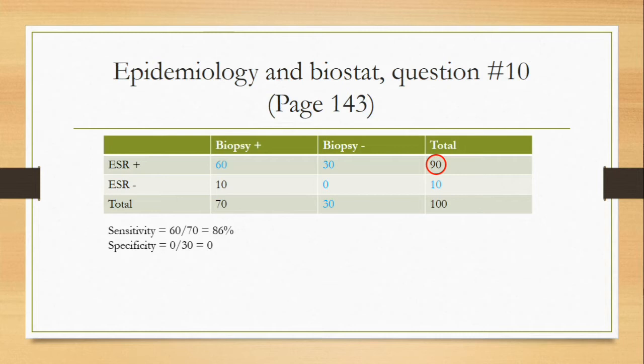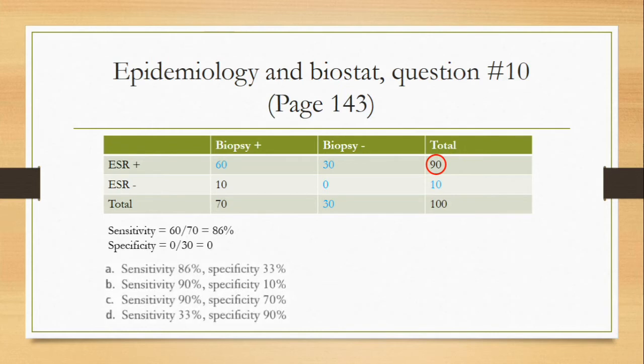You would have 0 as the specificity, because specificity is calculated as the true negatives over the total patients that actually don't have the disease. And when you get back to the question, you would notice that none of the 4 choices actually corresponds to the calculations that you made.